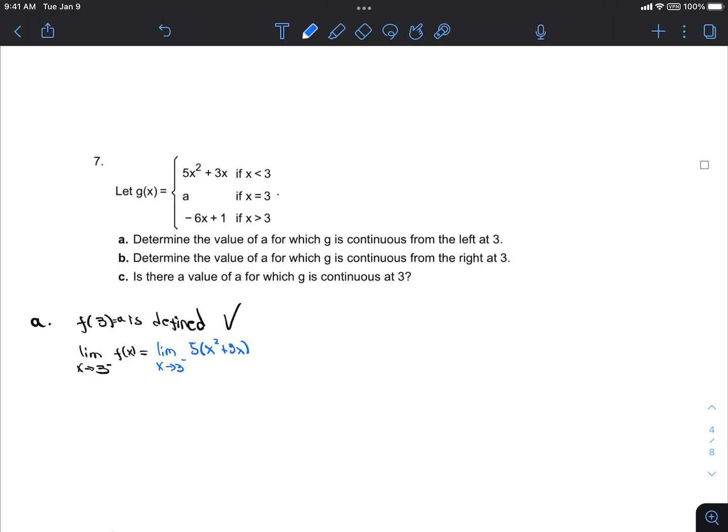So that will be 5 times 9 plus 9, so 5 times 18, and that's 90.